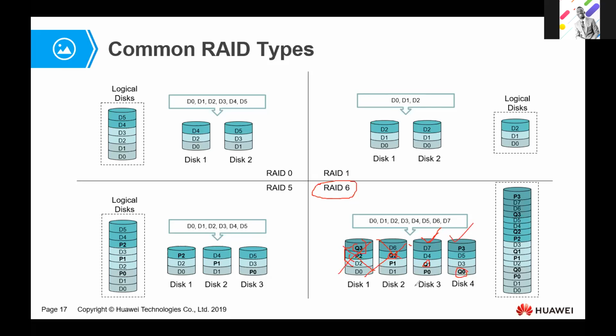So the data security of RAID 6 is higher, because here we can lose two disks, whereas in RAID 5 we can lose one disk.